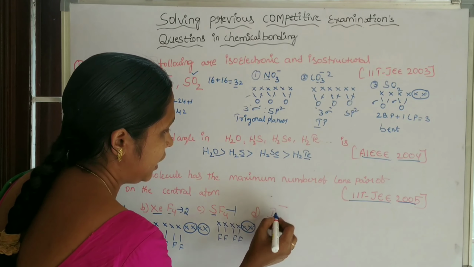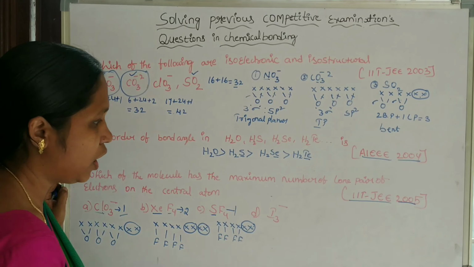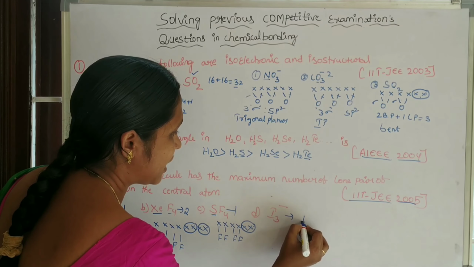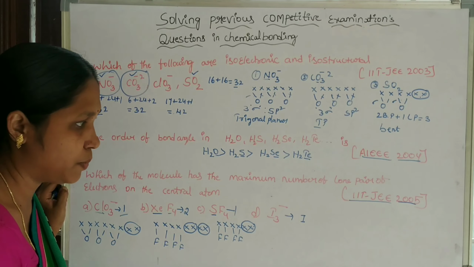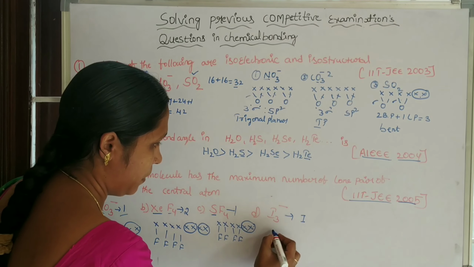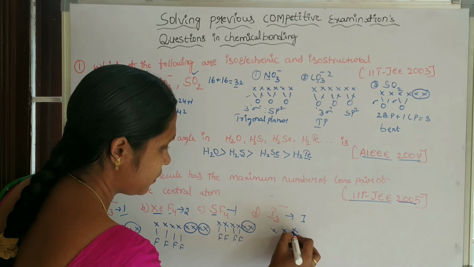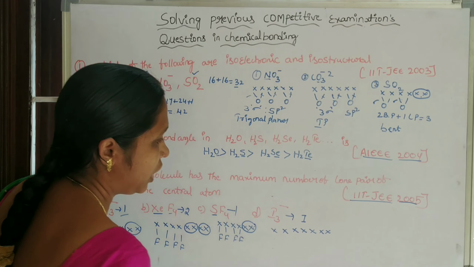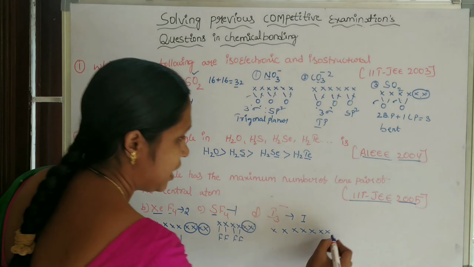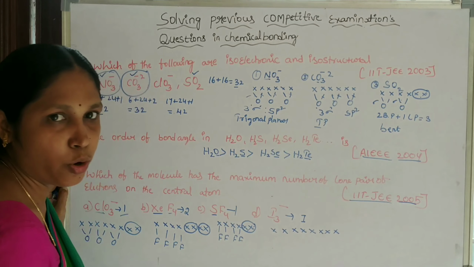Take I3 minus. Here, one of the iodines acts like the central atom and the remaining 2 iodines are surrounding atoms. Iodine is a group 7A element, so take 7 electrons, and the molecule carries 1 unit negative charge, so take 1 more electron.